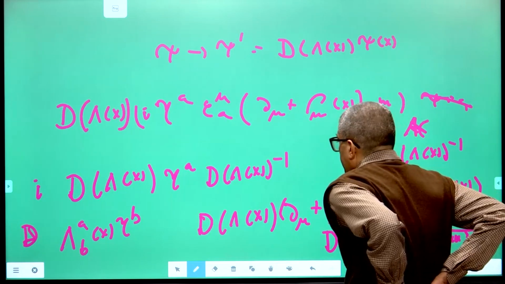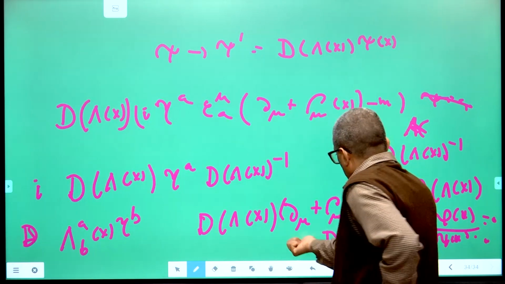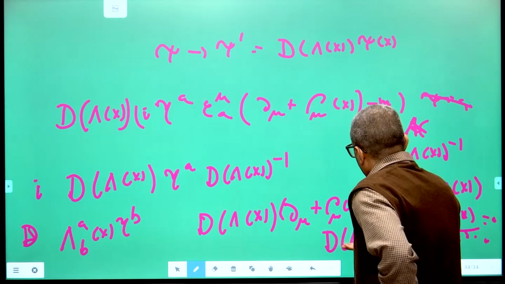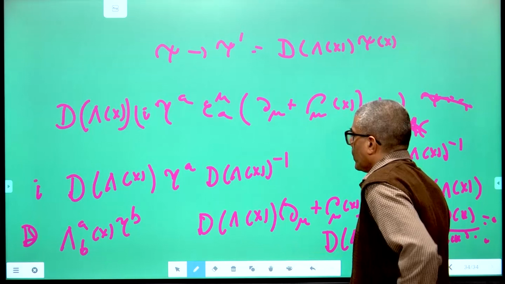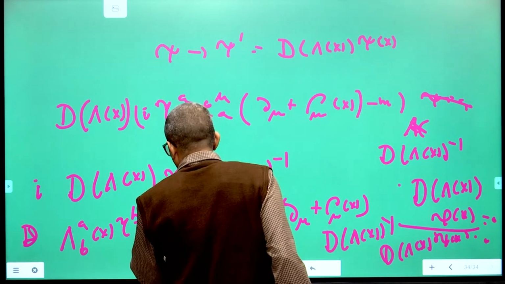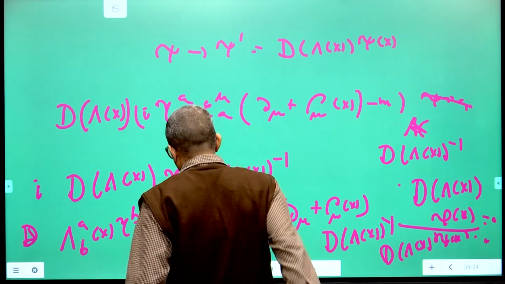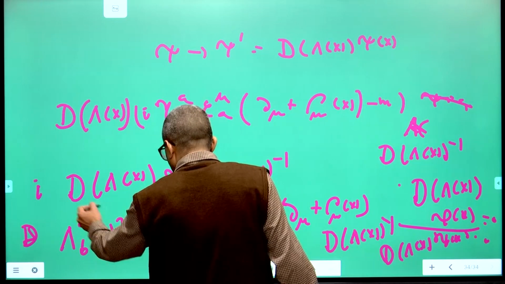So I also require that, what do I require? I require this to define the transformation law of gamma mu x, lambda A b x gamma b, and you put an E mu A here, and then you are putting a dou mu there.